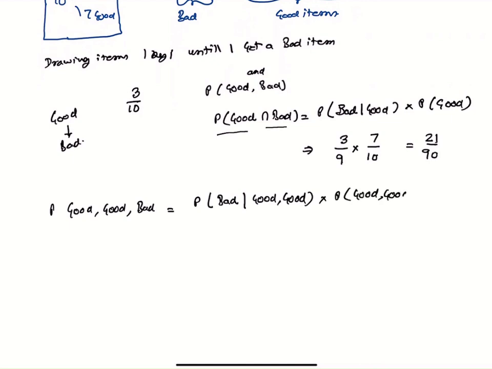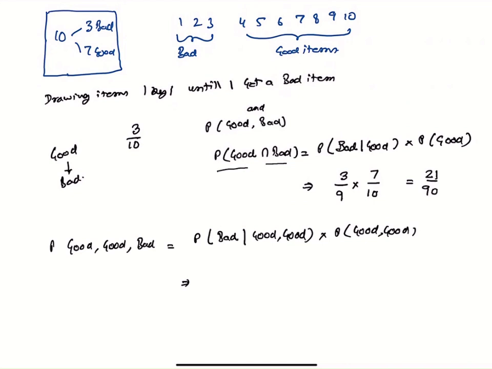You picked up 2 good items already, so the bad items are still 3, but the number of items remaining is only 8 now. The first good item would be 7 out of 10 and the second would be 6 out of 9.